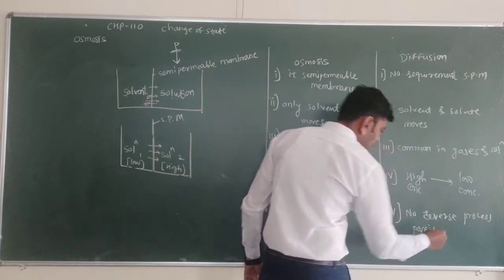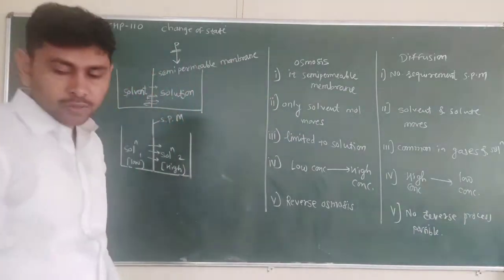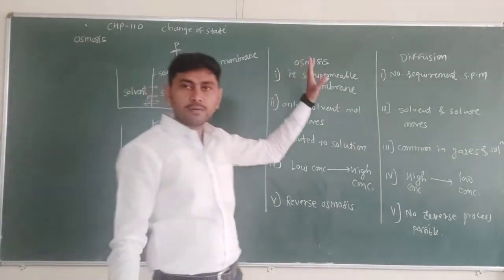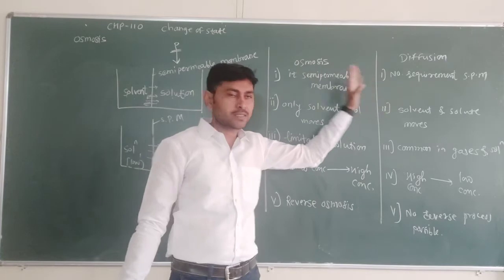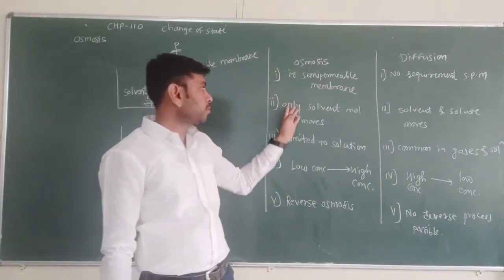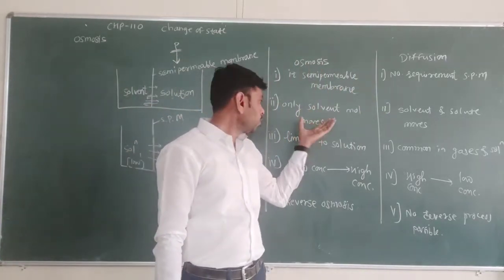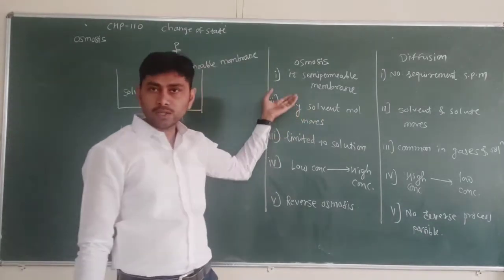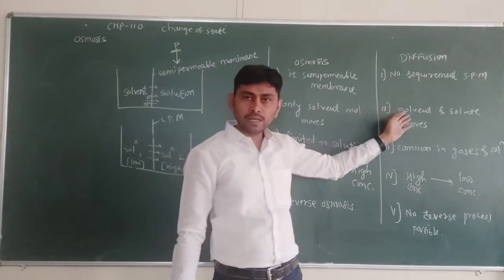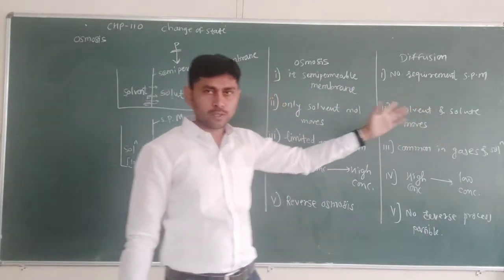These are 5 points which distinguish osmosis and diffusion. Osmosis requires a semi-permeable membrane; diffusion doesn't. Only solvent molecules move in osmosis, but in diffusion solvent as well as solute molecules move from one solution to another.